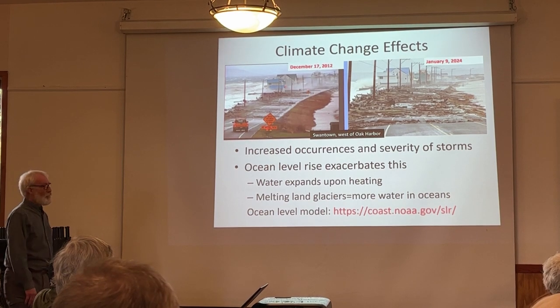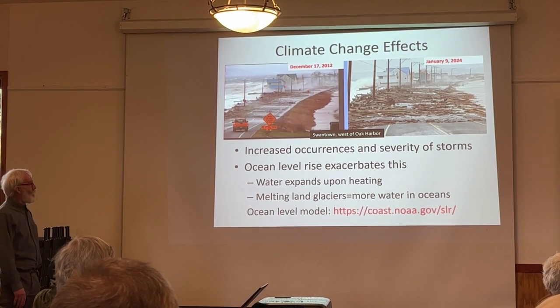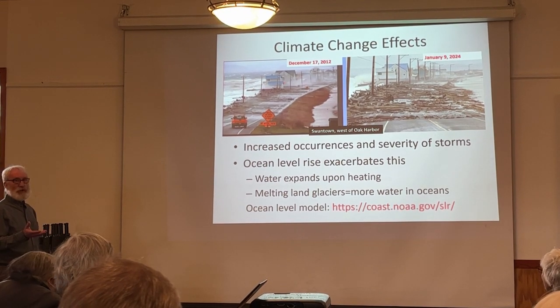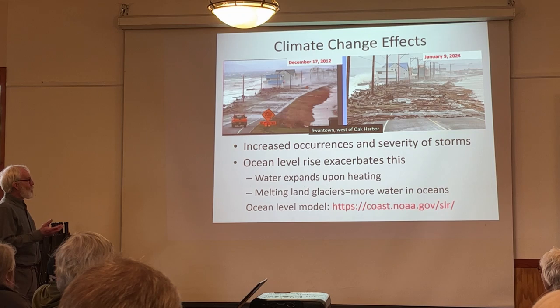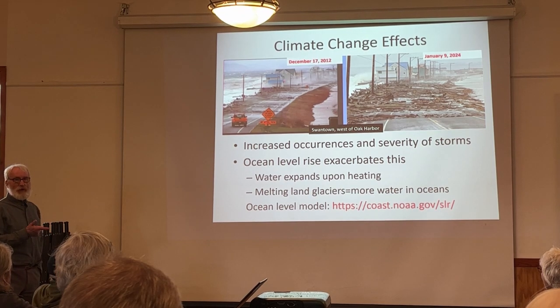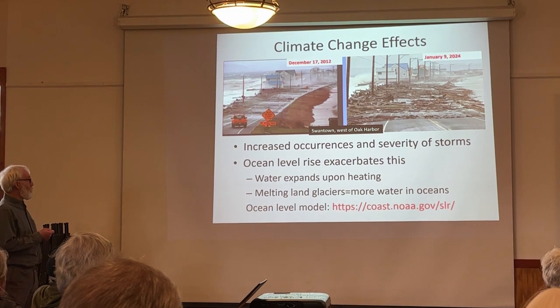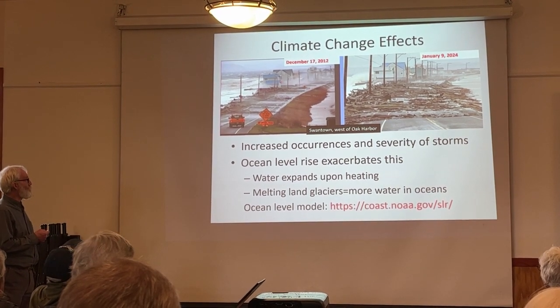Ocean level rise, of course, is happening because of several things. First of all, warm glaciers are melting. Second of all, water expands when it heats, and we all know the oceans are getting warmer. Next one, please.